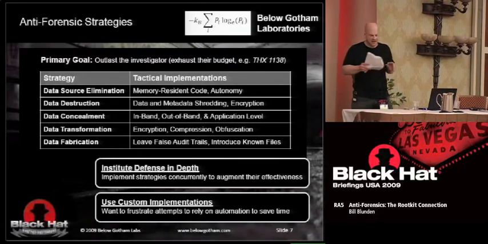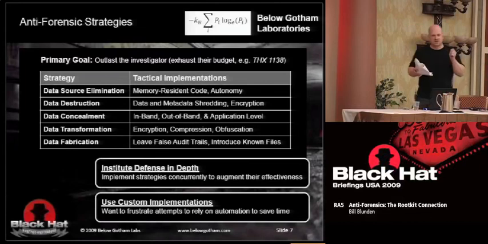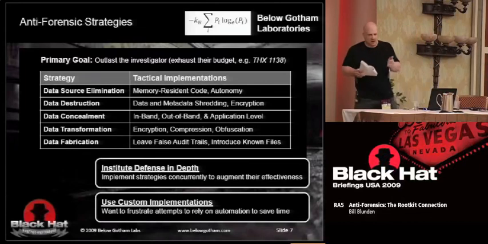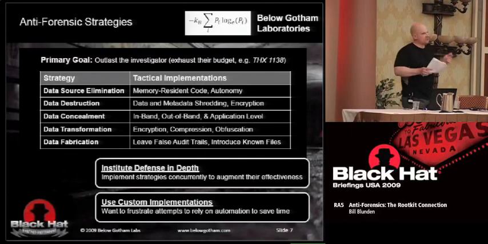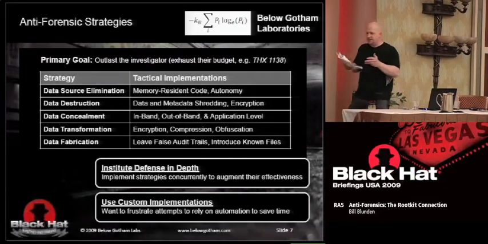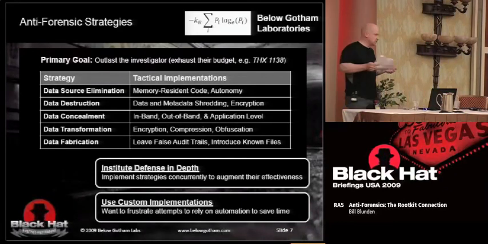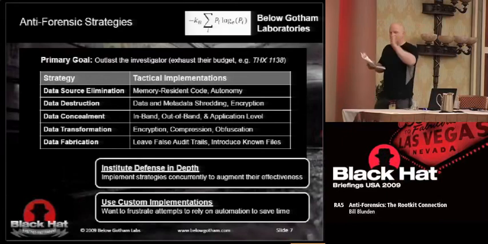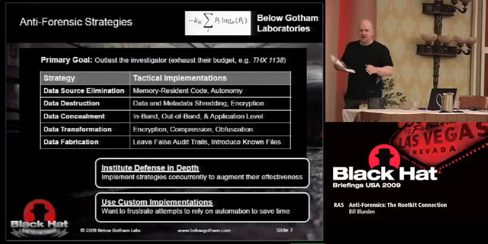So you need to buy time. And you can do this by destroying as much evidence as you can: data source elimination, data destruction. And the data that you do leave behind, you want to make it difficult to identify and locate, and even more difficult to interpret. That would be data concealment and data transformation. And finally, along the way, you want to put up as many barriers as you can, false trails and dead ends to frustrate them. And that would be data fabrication.